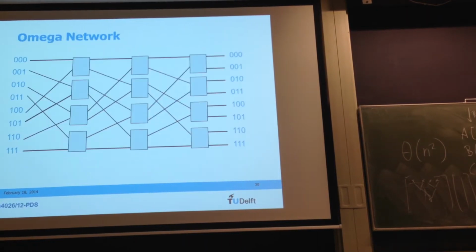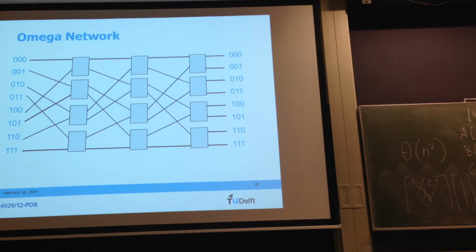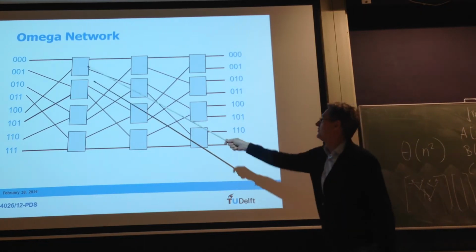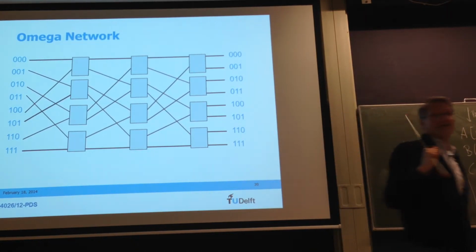And if we do this in our 8 systems, we end up with what is called an omega network, and there we have an elegant structure connecting all the source inputs in a few steps to all the destination modules.